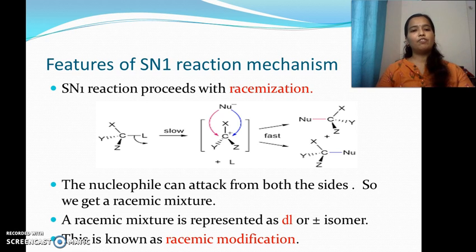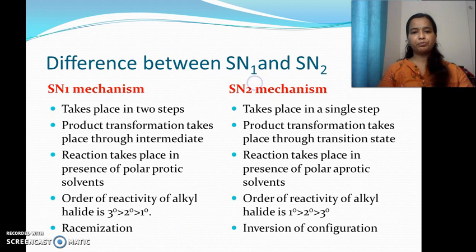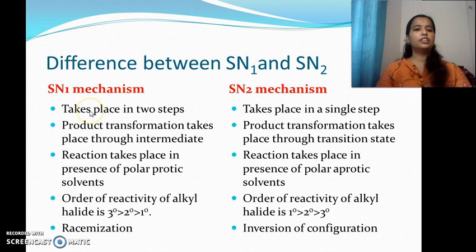Now, we have learned SN2 and SN1 reaction mechanisms. Now we'll see the differences between SN2 and SN1 mechanisms, one by one. First is SN1 mechanism, and this is SN2 mechanism. We know in SN1 mechanism, the reaction takes place in two steps. First step is the formation of carbocation.